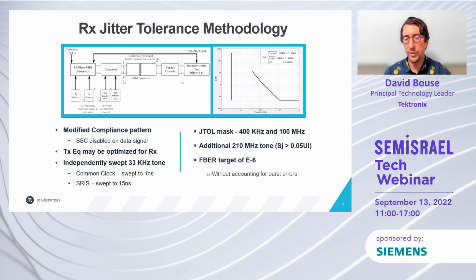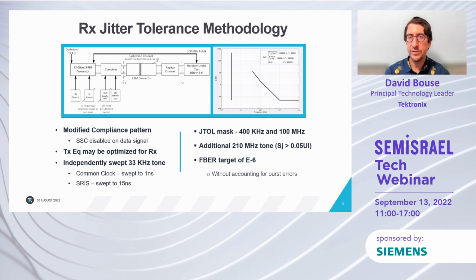So that's a key point, is that's swept, it's not turned on the data. So it's just one of our test frequencies. And for common clock testing, you can see one amplitude. And for SRIS, this is when you have a separate ref clock with independent SSC. You can see that larger amplitude that has to be tested of 15 nanoseconds. And then we have our jitter tolerance mask that ranges from 400 kilohertz to 100 megahertz.